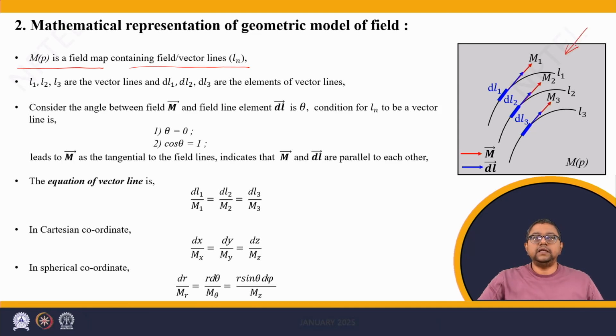This can be seen in this adjacent diagram, which is shown here. M1, M2, M3 are three field maps which correspond to the vector lines L1, L2 and L3.